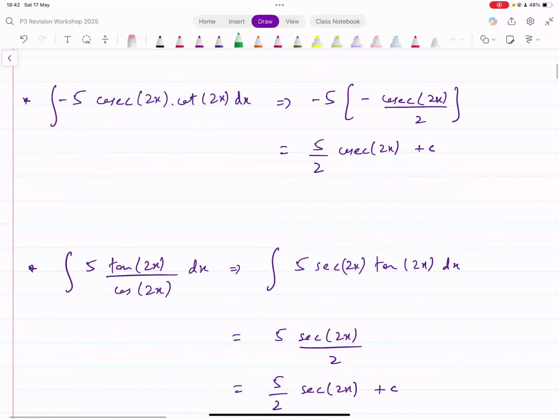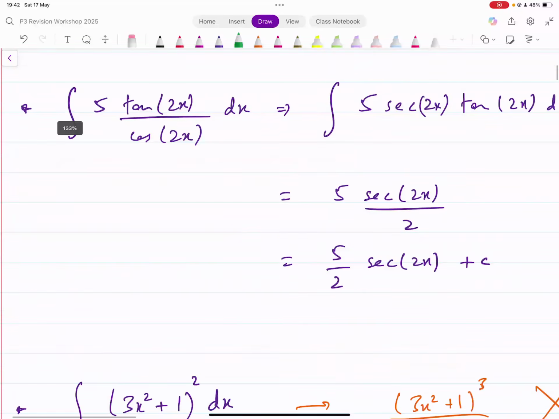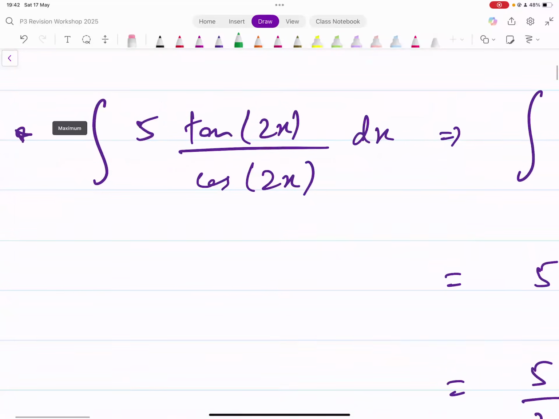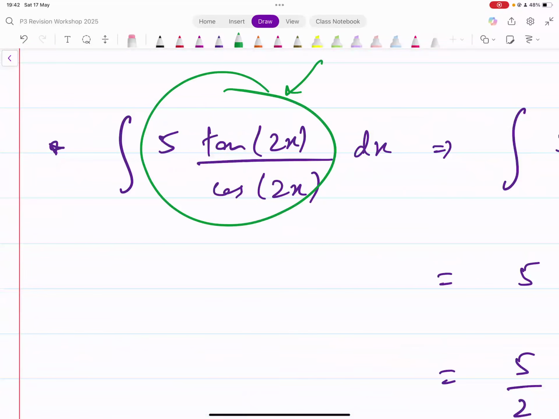Now this is from an actual paper. 5 tan of 2x over cos of 2x. How would we integrate this? Now looking at this, it looks fairly complicated, right? It's a fraction. You think of all the fraction rules that you could apply on this.